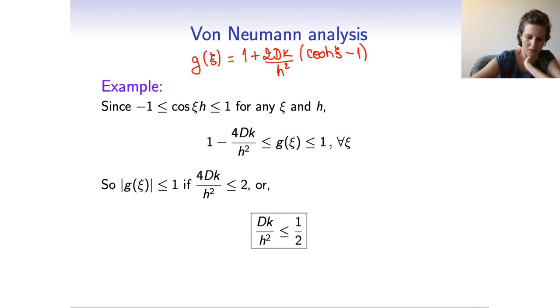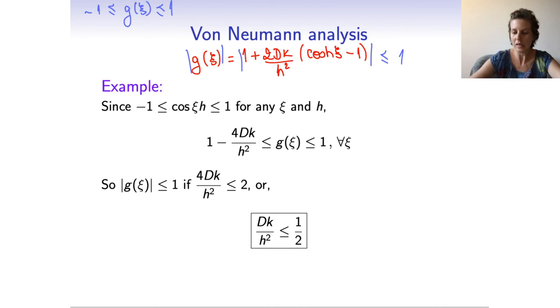Okay, so remember what we did before. For having this smaller than 1, it's the same to ask that this g of psi be between minus 1 and 1, and then we look separately for each condition.